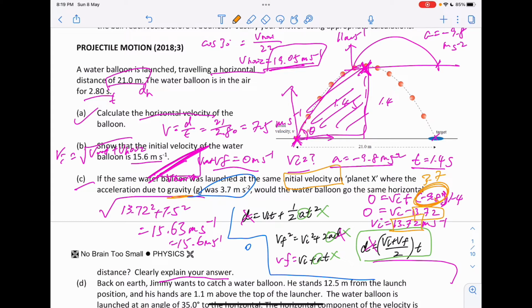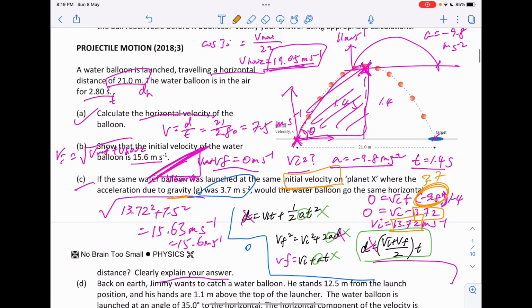But the time cannot be the same. Sorry, I was saying the wrong thing before. So launched at the same initial velocity, VI is going to be the same. And the A is going to change to 3.7, which means the time is going to change. It can't be 1.4.